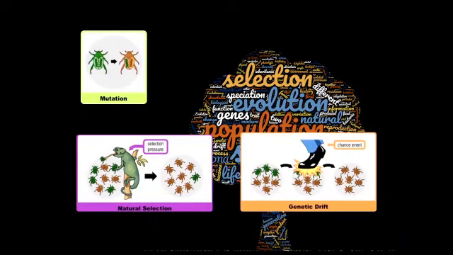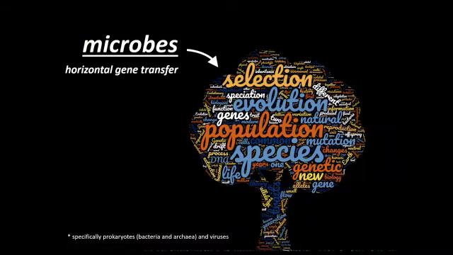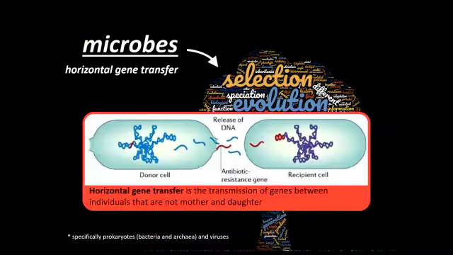Now, these are the 3, let's say, major ingredients in modern evolutionary synthesis or in classical evolutionary theory. When we talk about microbes, we have to include some more ingredients that may not be exclusive to microbes or prokaryotes, but they are especially important when we think about the microbial world. The first one is horizontal gene transfer, which is the following.